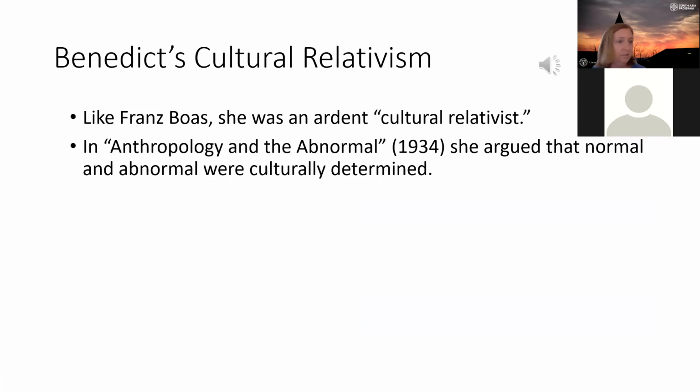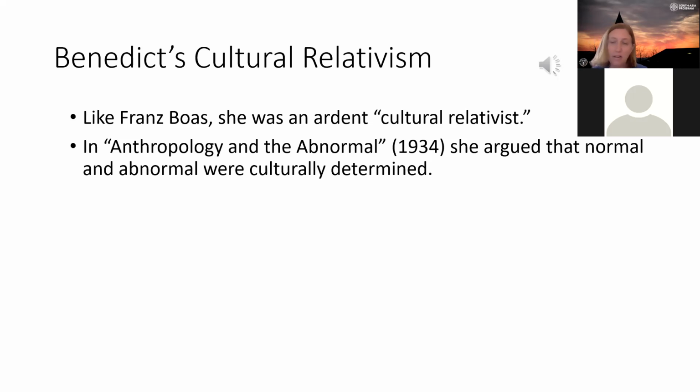So there is no universal idea of what is normal and abnormal. Think of spirit possession in India. At a Hindu temple, it's completely normal for a person to become possessed and start writhing around on the ground. That's considered normal in Hindu culture, so that's an example. What's normal and abnormal is culturally determined.